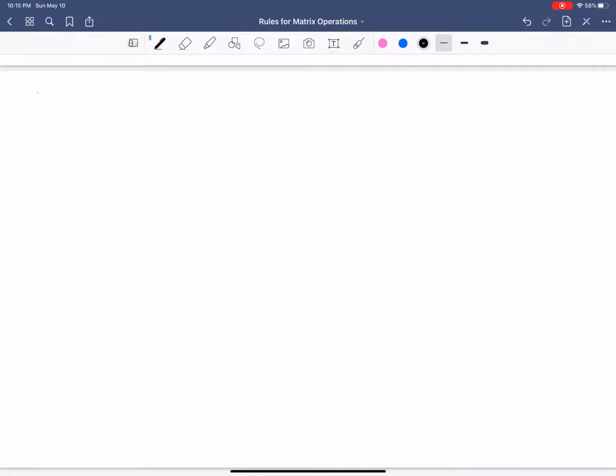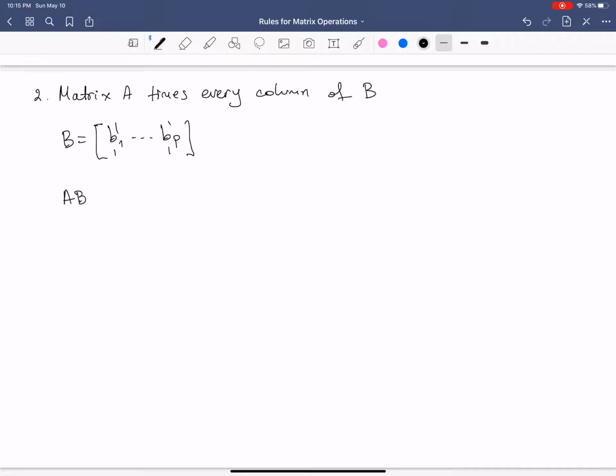So the second way is matrix A times every column of B. So if I represent B with columns B1 all the way to say BP, there are P of them, then I can look at the matrix AB as AB1, that would be the first column, up to ABP.